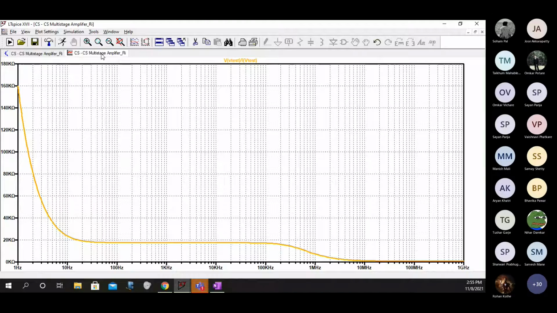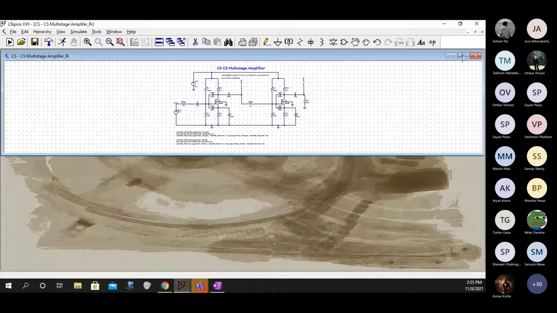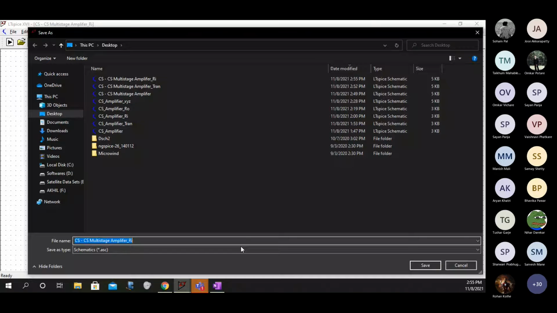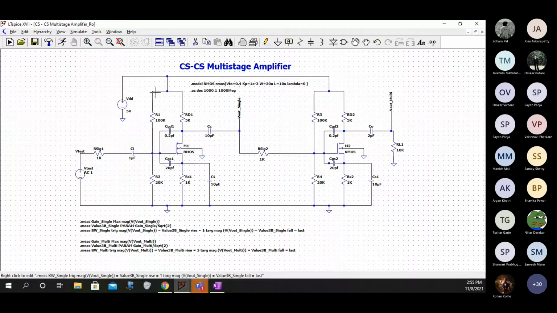And let's see the value of Ro. The same circuit can be used to calculate the value of Ro. So I'll just do File, Save As. Instead of Ri, let's make this Ro. To calculate Ro, we will remove the test from here and connect it on the output side.